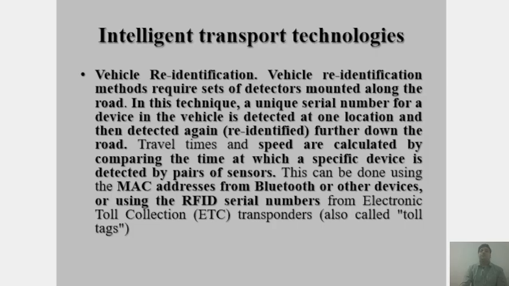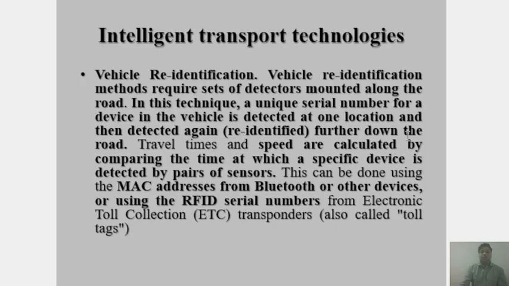Then we can go for vehicle re-identification. So what is this method? It uses a set of detectors mounted along the road. In this technique, a unique serial number for each device in the vehicle is detected at one location and then detected again further down the road, which is why it is called vehicle re-identification.